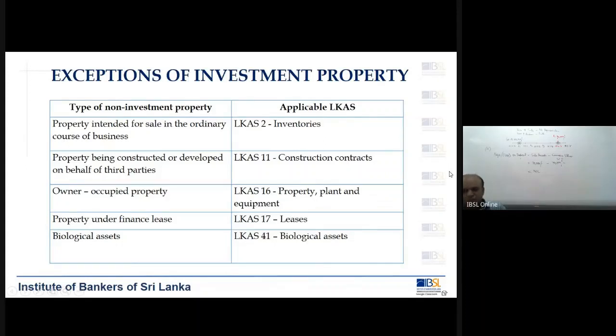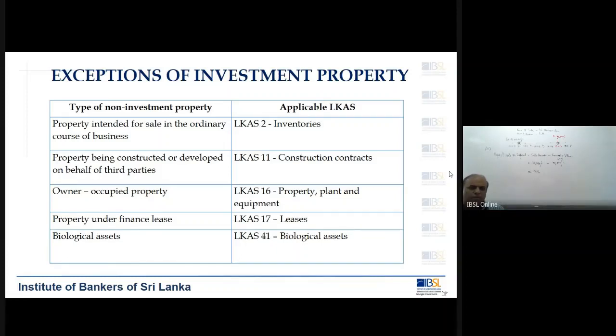And as we did in LKS 16, we have to look at the exceptions, when and where this standard will not apply. Property intended for sale in the ordinary course of business is covered by LKS 2. Now these land sellers and property builders are not doing this investment property thing.